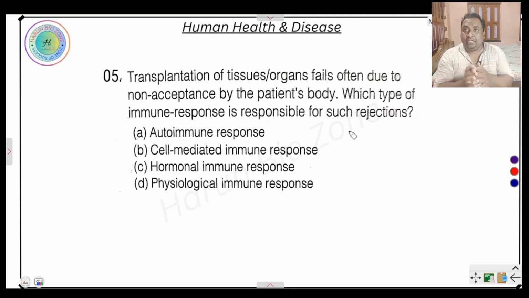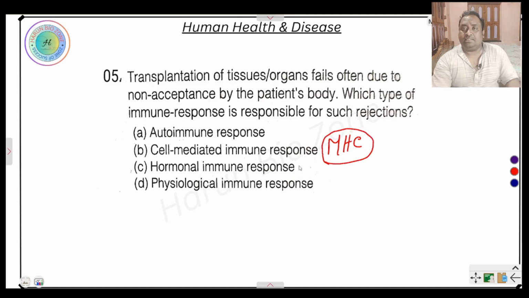If they are genetically distantly related or have no relation, then the body identifies the kidney as a foreign substance, and the major histocompatibility complex, MHC, the antigen presenting cell of T cell, recognizes the transplanted organ as a foreign antigen and presents this to the helper T cell.